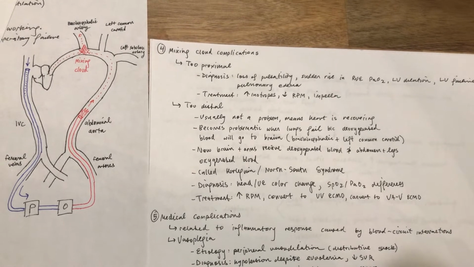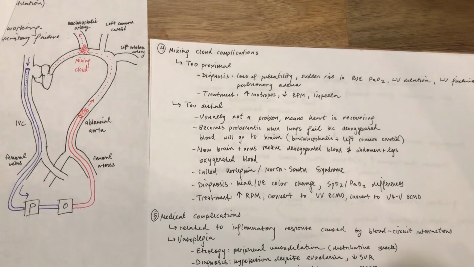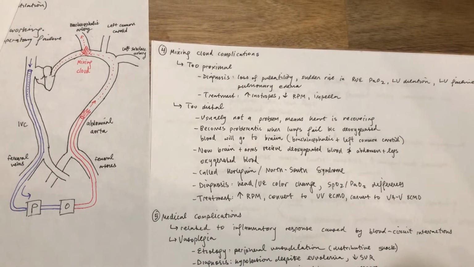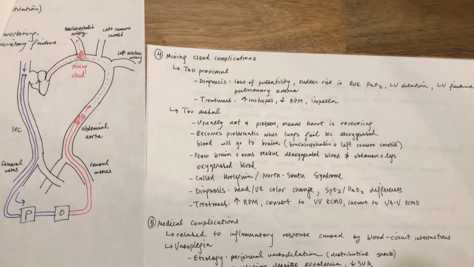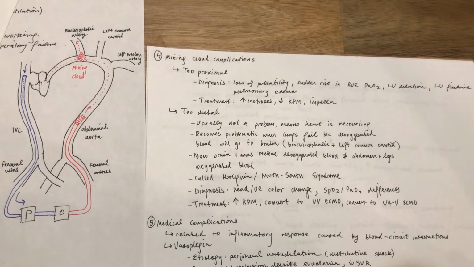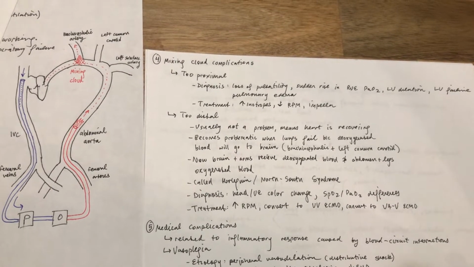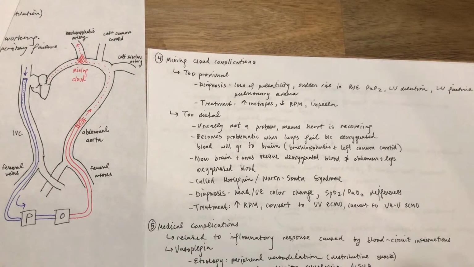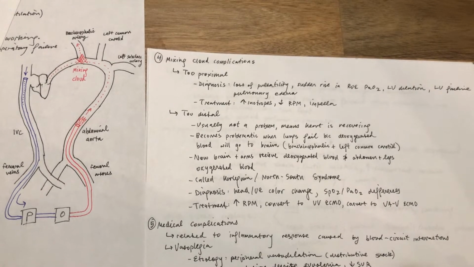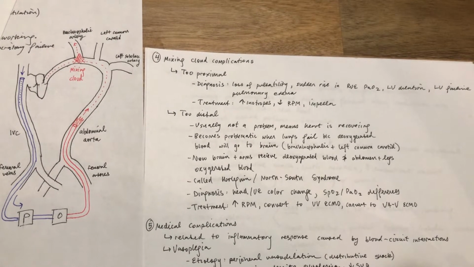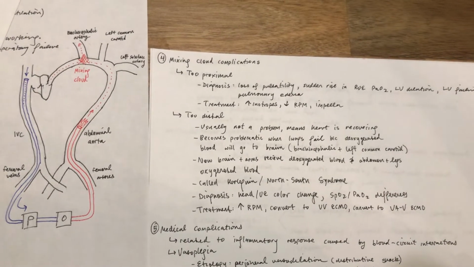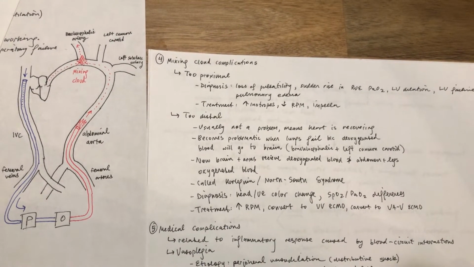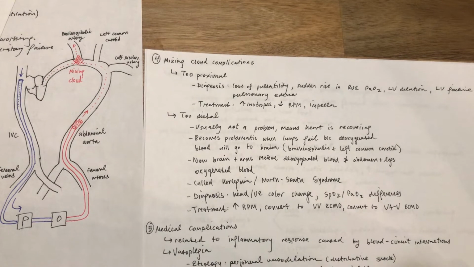Because, like we said earlier, if the heart is pumping deoxygenated blood and the mixing cloud is distal to the left common carotid artery, the brain will be getting pure deoxygenated blood, and the rest of the body will be getting oxygenated blood. This is called Harlequin syndrome, or a north-south syndrome.